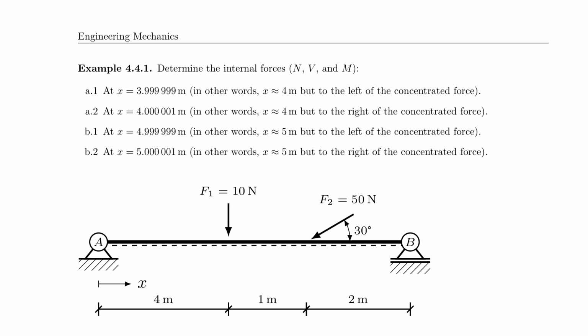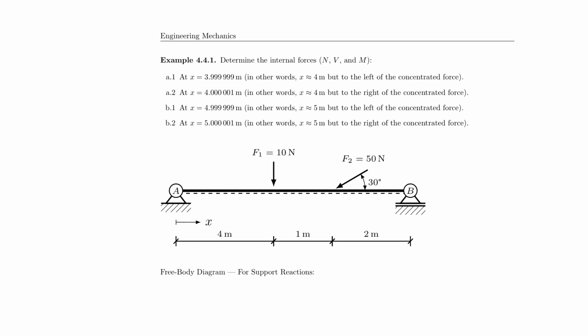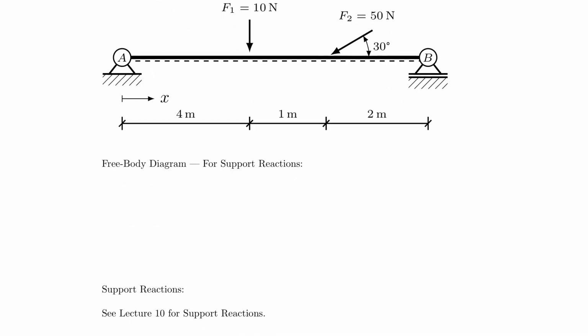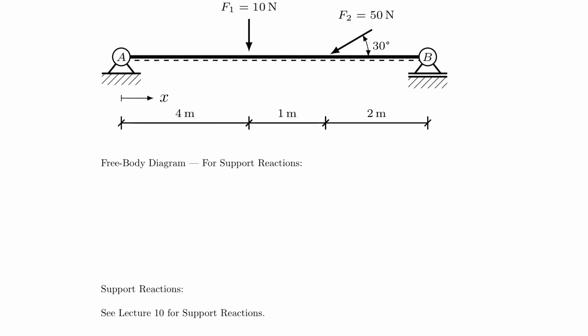As we know from our explanation before, we need to find the support reactions first, but keep in mind that we actually already solved the problem in lecture 10. And so I already remember that my support reactions were as follows. I had a support reaction that was going up here. I had a support reaction that was going up here.